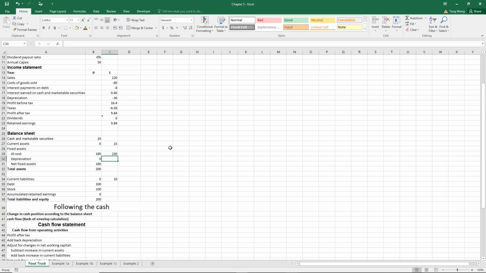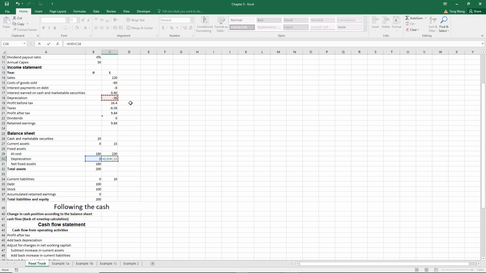Depreciation, we're assuming, because remember this is the balance sheet, so all the numbers are cumulative numbers. So depreciation is the total depreciation up to this year, right? So in theory, it should be equal to your previous year's depreciation plus the new depreciation in this year, which is here, right?